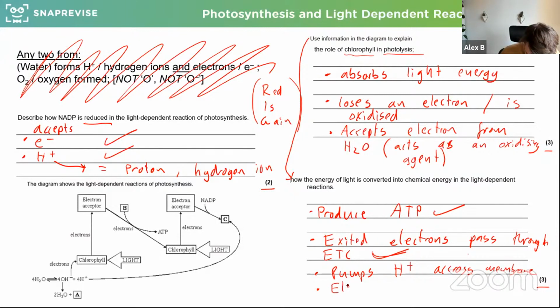Electrochemical gradient. Forms ATP by passing through ATP synthase. Sorry, I really ran out of space there.